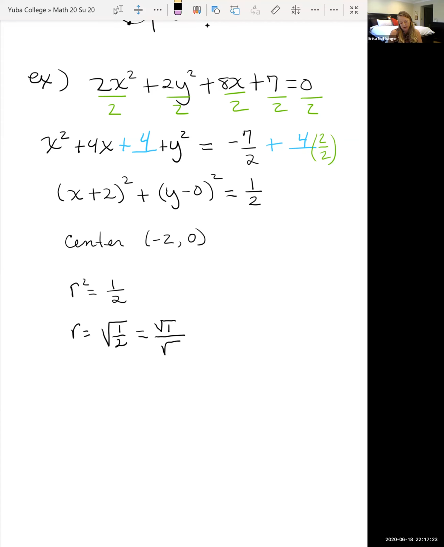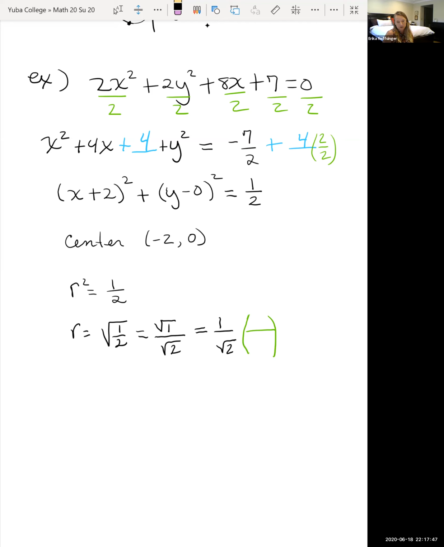Normally we don't like radicals in the denominator, and so we're going to have to rationalize our denominator. So I have square root of 1, which is just 1, over square root of 2. I'm trying to multiply this by a fancy 1 so that I can get rid of that radical.